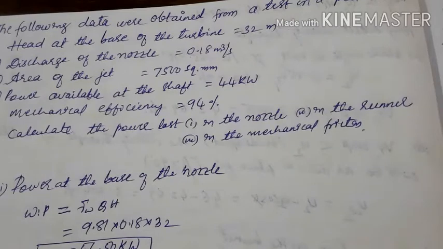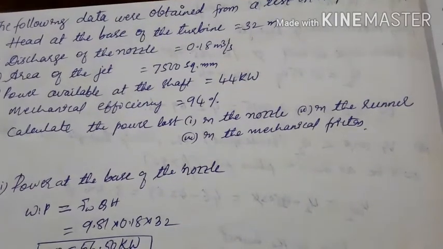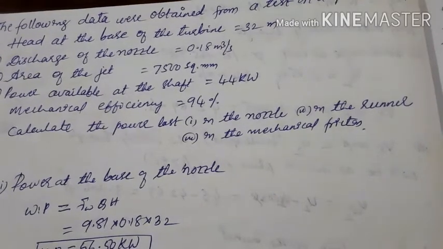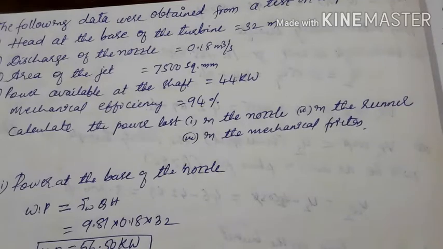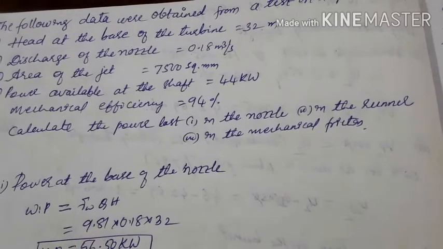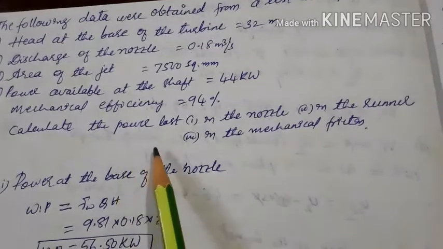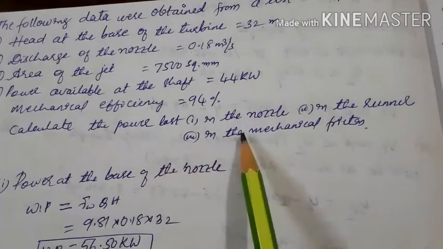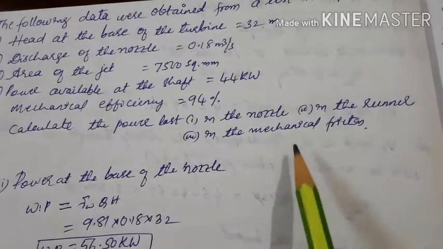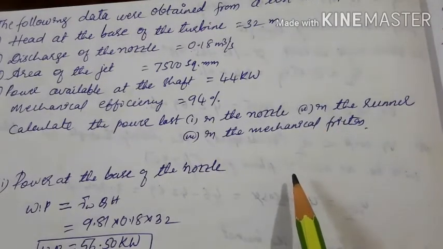Okay, so this problem is a bit different from the previous one. So here, when the turbine is developing power, they are asking to calculate what is the power lost in the nozzle, runner, and the mechanical friction, that is in the shaft.